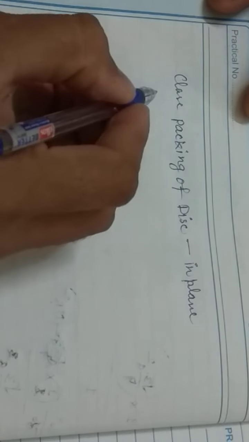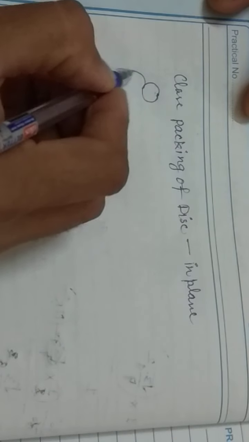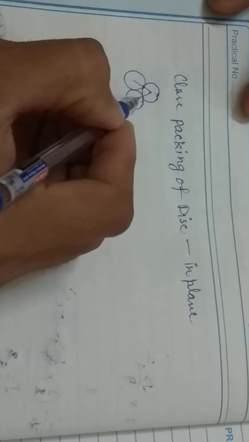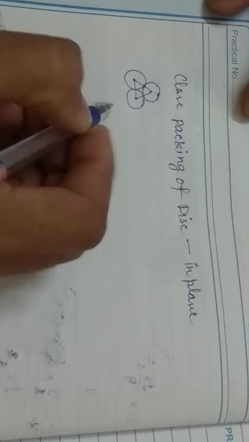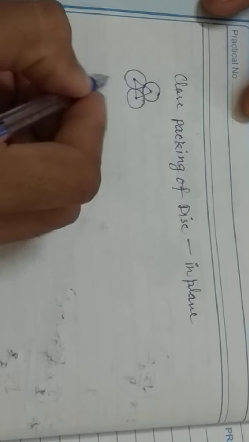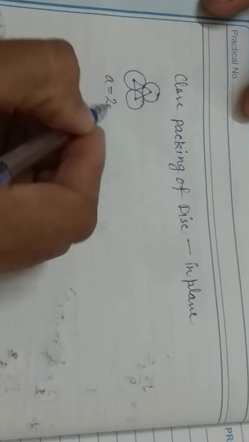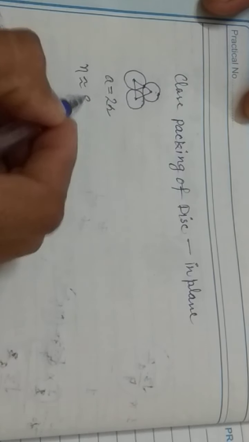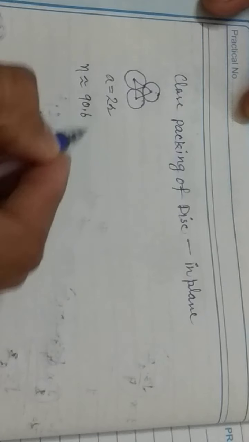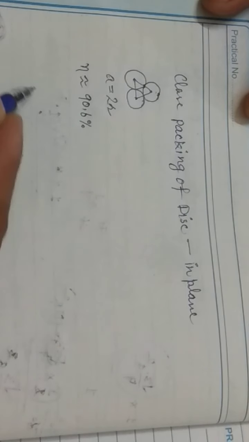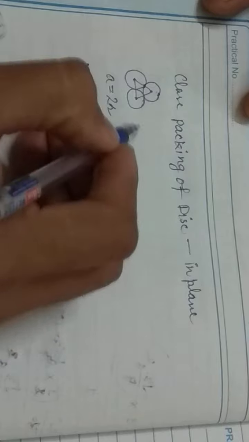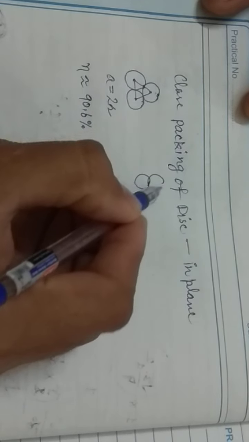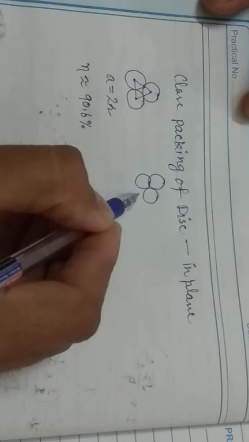One was where the centers of the discs are present at the corner of an equilateral triangle. Here a is equal to 2r and the packing efficiency is about 90.6%.